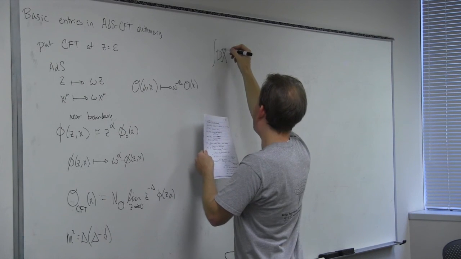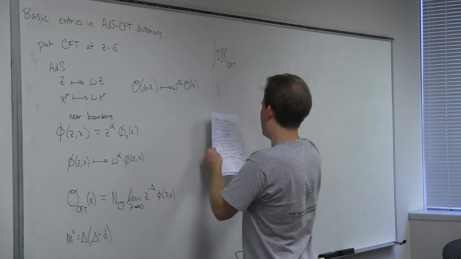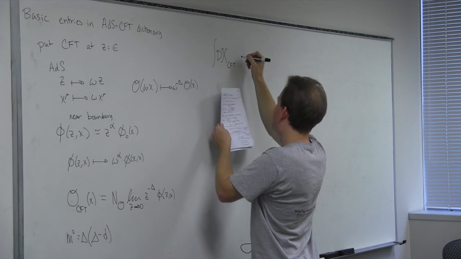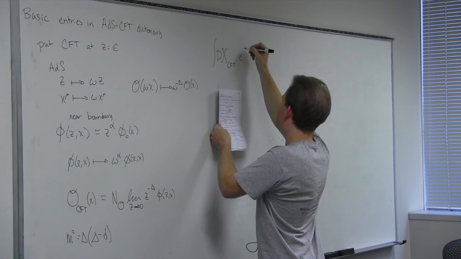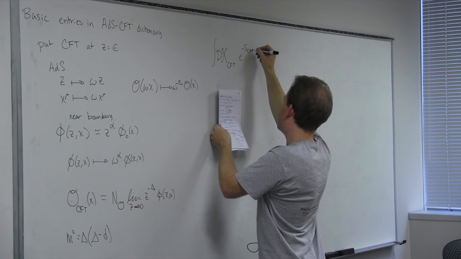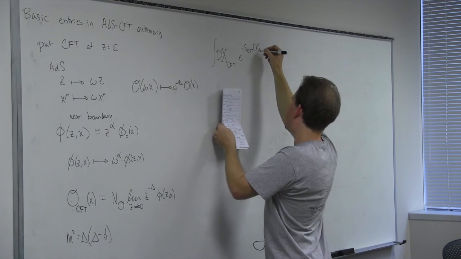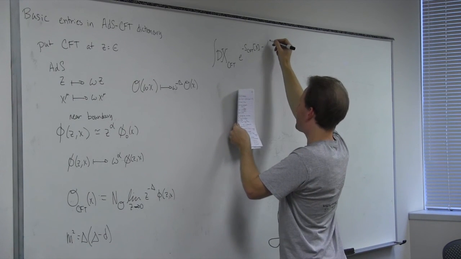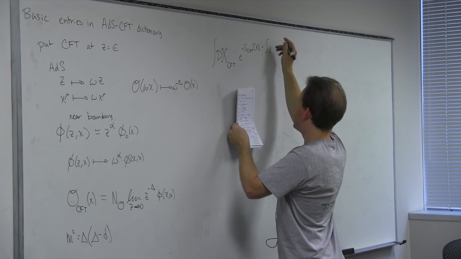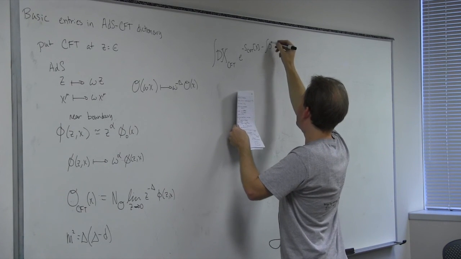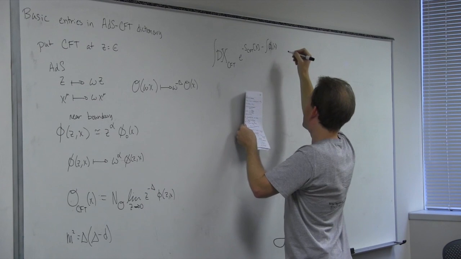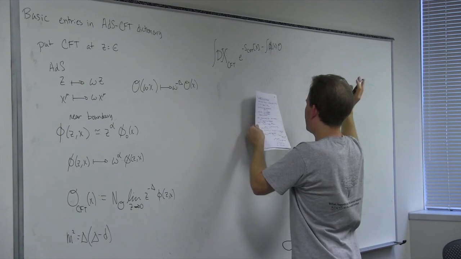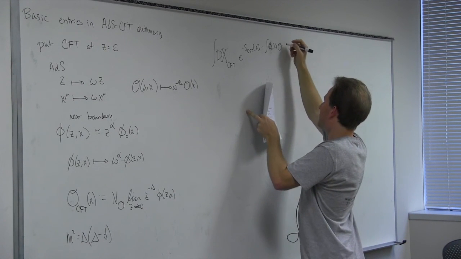which was how to identify the generating functional of the CFT correlation functions in terms of the AdS.